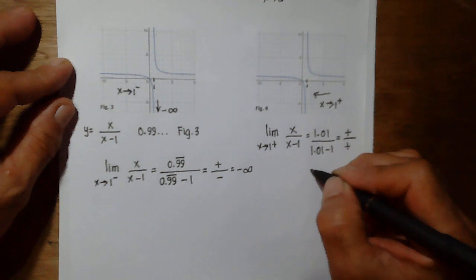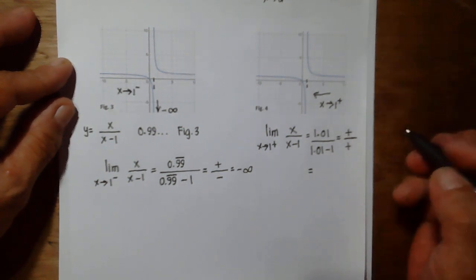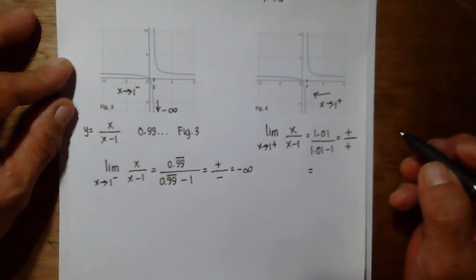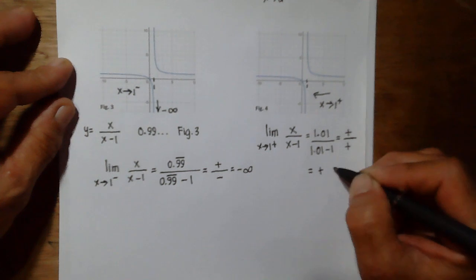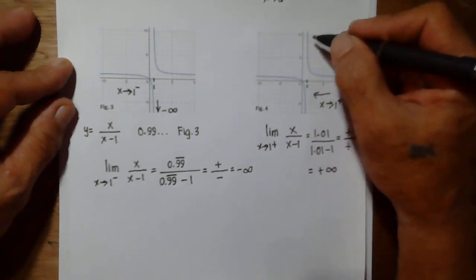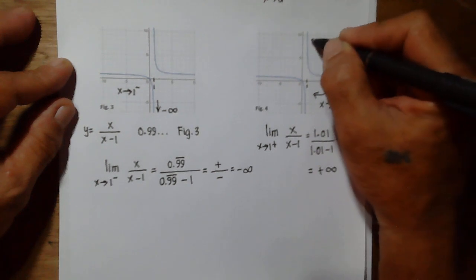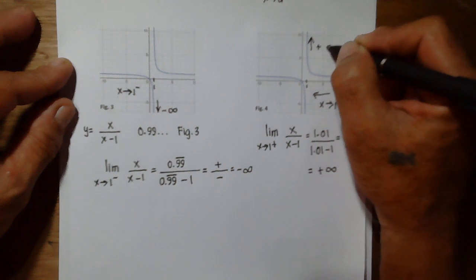So the limit value, or the right hand limit of the function f of x, or the function x over x minus 1, is positive infinity. And this is shown by the graph. Here is the graph, and the value approaches positive infinity.